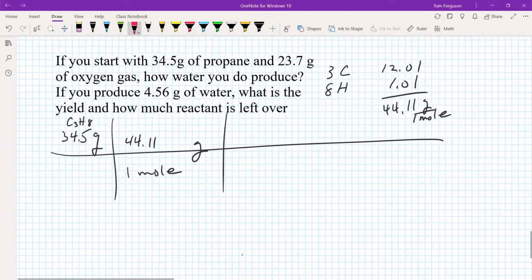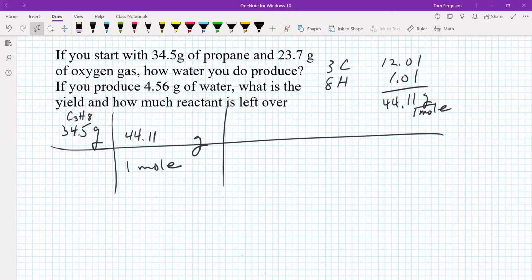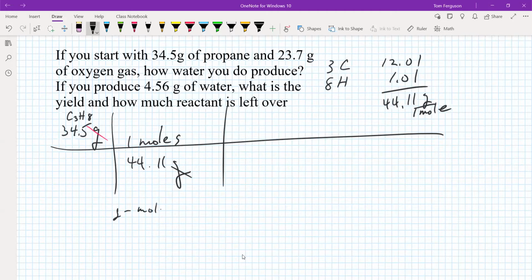Are these going to cancel? No, the grams can't cancel on that. Right, so I need to flip it. There. Okay, so that's the grams to moles.